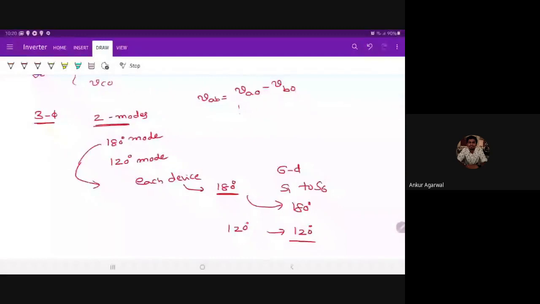So every 60-degree interval, the transition changes, similar to thyristors. In a three-phase rectifier also, every 60 degrees there is a transition. One device will be the outgoing device, and another new incoming device will appear, right?